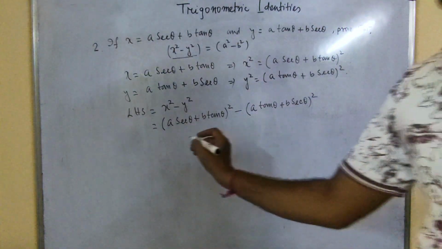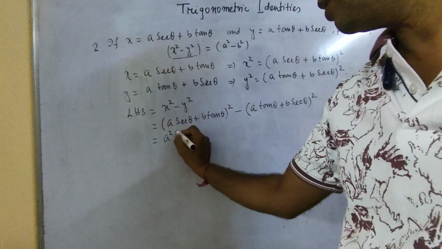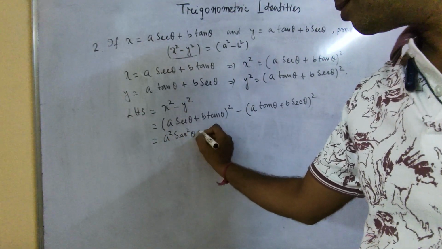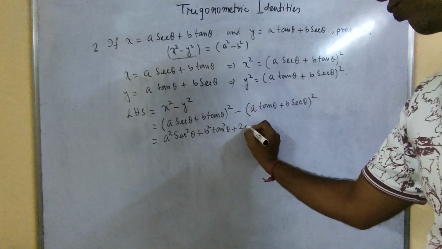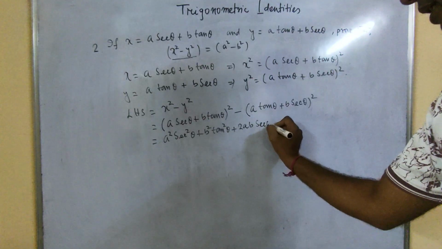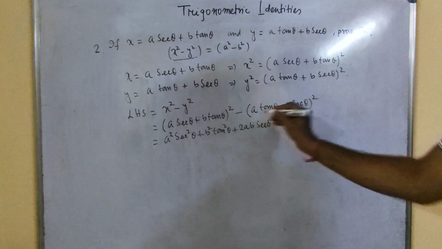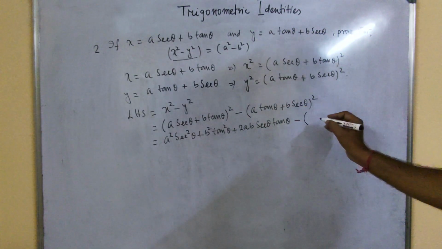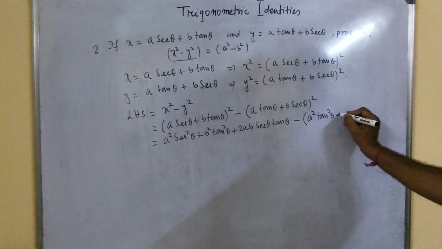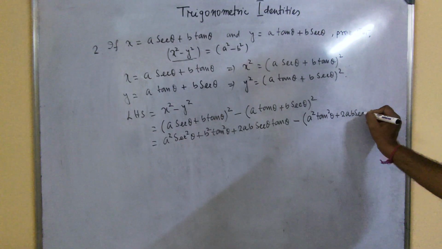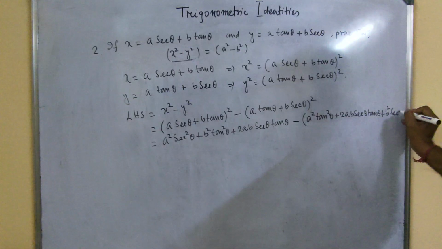So if we expand these whole squares, then we will get a square sec square theta plus b square tan square theta plus 2ab sec theta tan theta, minus, now it is a square tan square theta plus 2ab sec theta tan theta plus b square sec square theta.